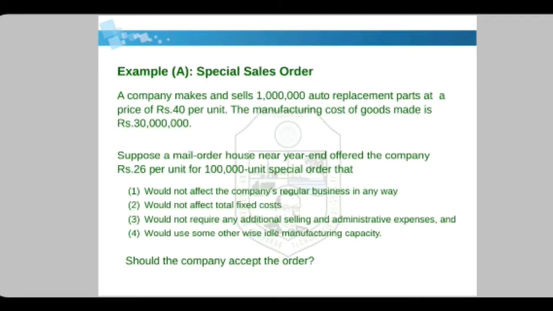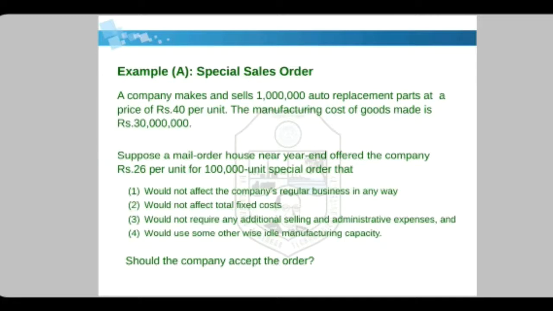of rupees 40 per unit. So their total revenue will be 40 into the number of auto replacement parts they are selling, that is 40 into 1,000,000. Now, the manufacturing cost of goods made is 3 crore rupees, right?